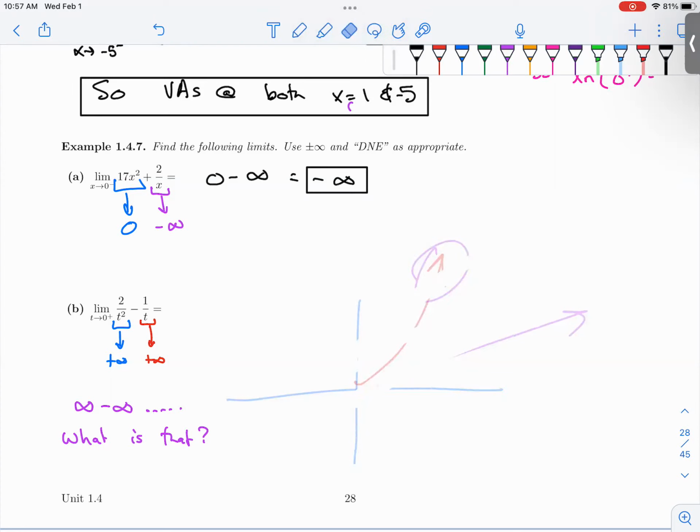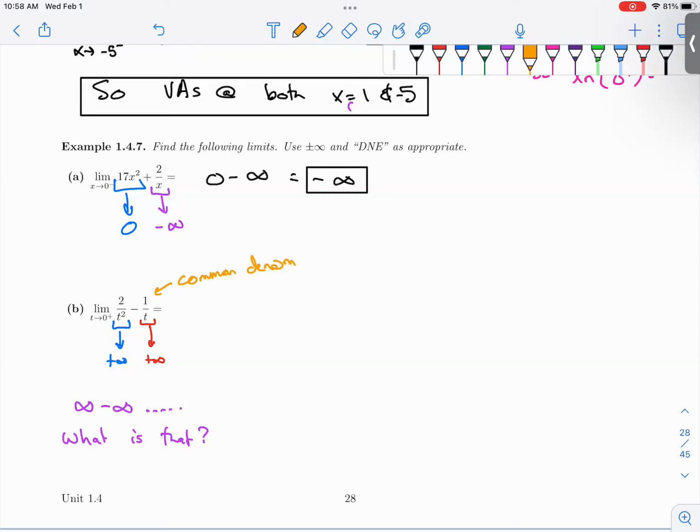Now, how do we figure it out? Cry? No. What should we do? Pretend it doesn't exist? It's two fractions. We hate fractions, right? We don't like fractions, so let's get rid of them. Let's combine them to give us a single fraction, with a common denominator.